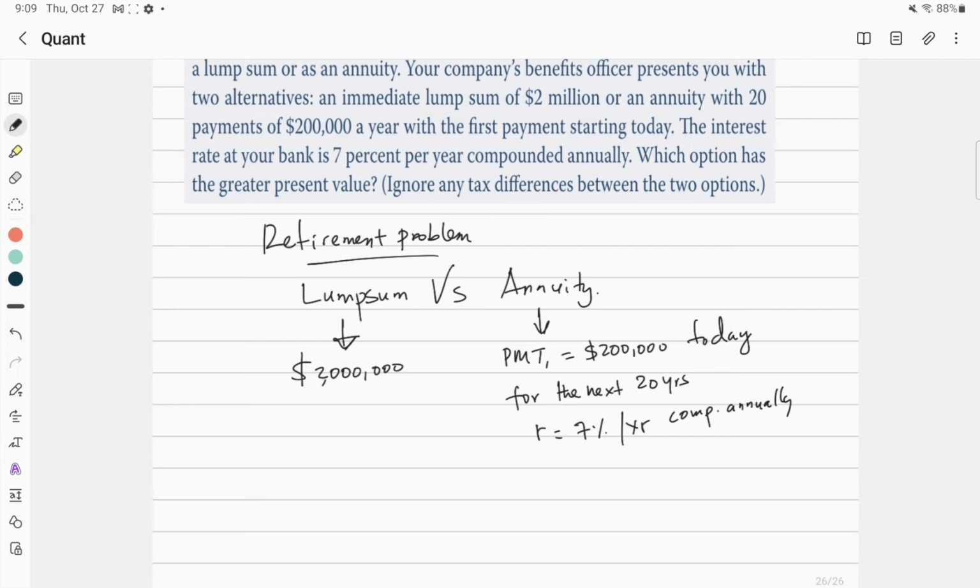So what's the problem? We know that this $2 million is worth $2 million today, because we receive it at t equals 0. So the present value of this $2 million is $2 million. But it's not very straightforward to know what the present value of this annuity would be.